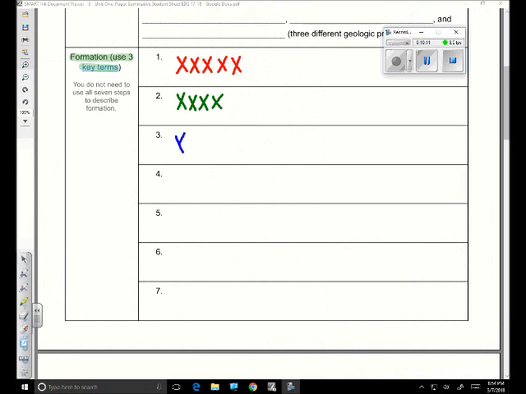So right here on number 3, you're going to write the third step of the formation of those white cliffs of Dover.